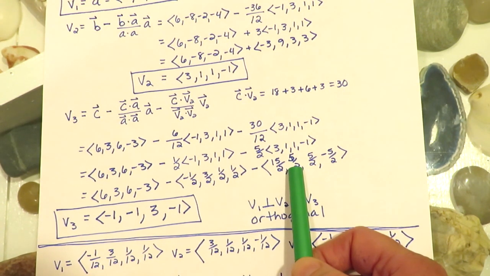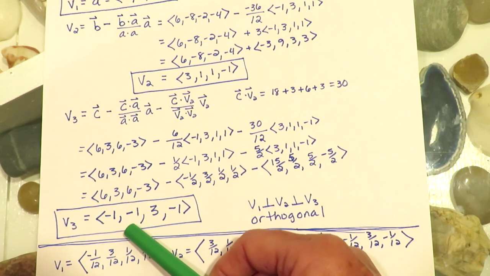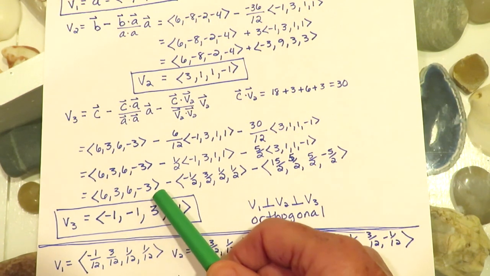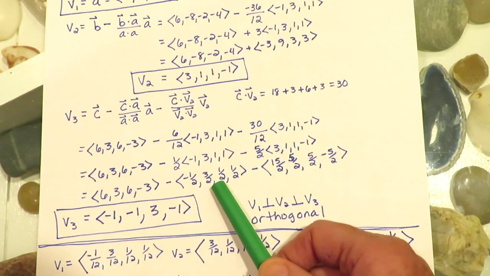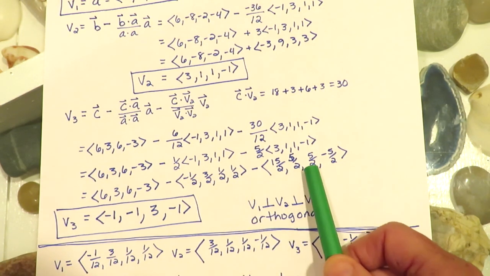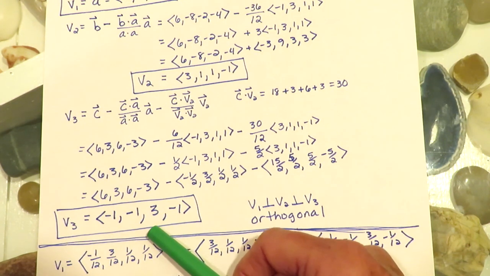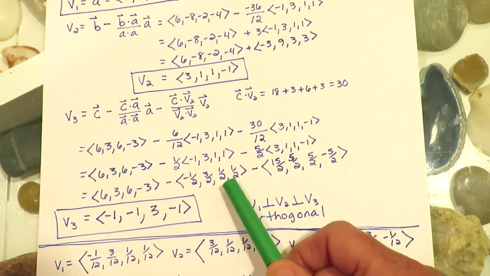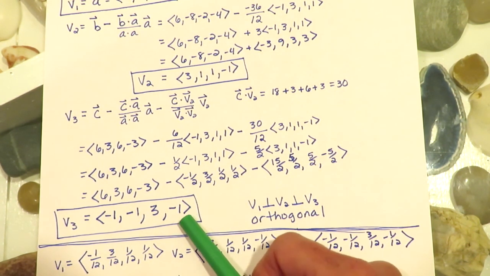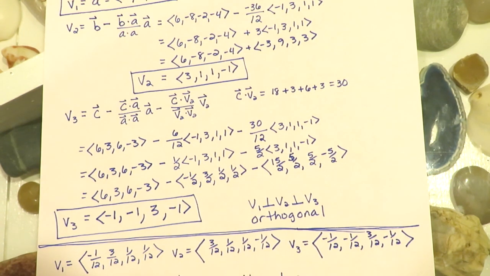So 1 1/2 minus 2 1/2 is another -1. And then 6 minus a half is 5 1/2. And then I'm subtracting 2 1/2. So 5 1/2 minus 2 1/2 is 3. And then again, if I carefully did the last bit of arithmetic, I'd get -1.